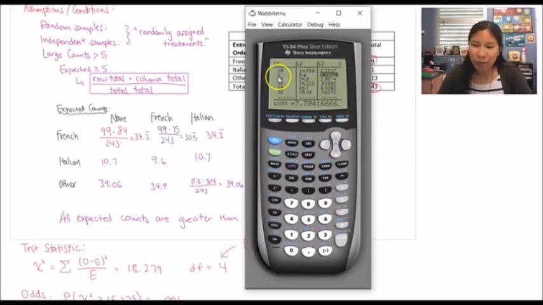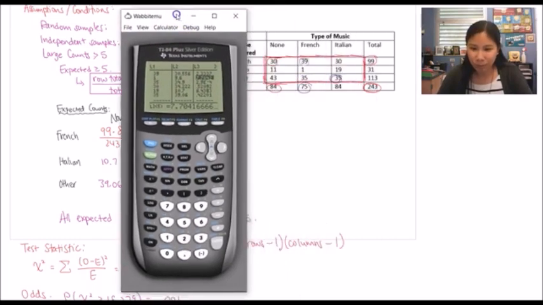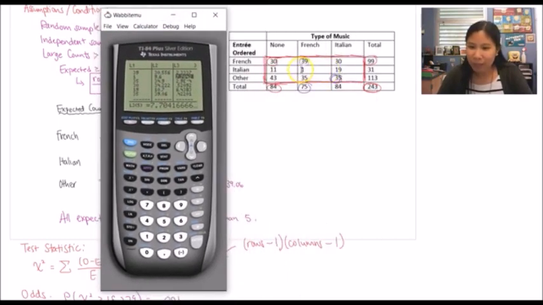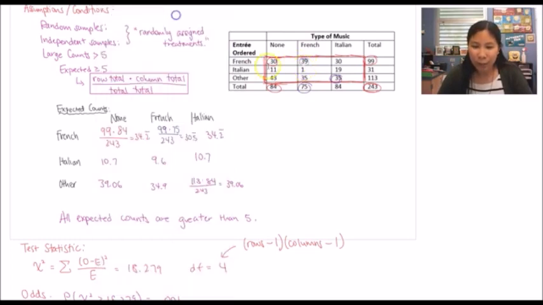And if I look at my original data point, this was the one that was observed. So that means this was my French music, Italian entree ordered. There was only one. But we had originally expected there to be 9.6.